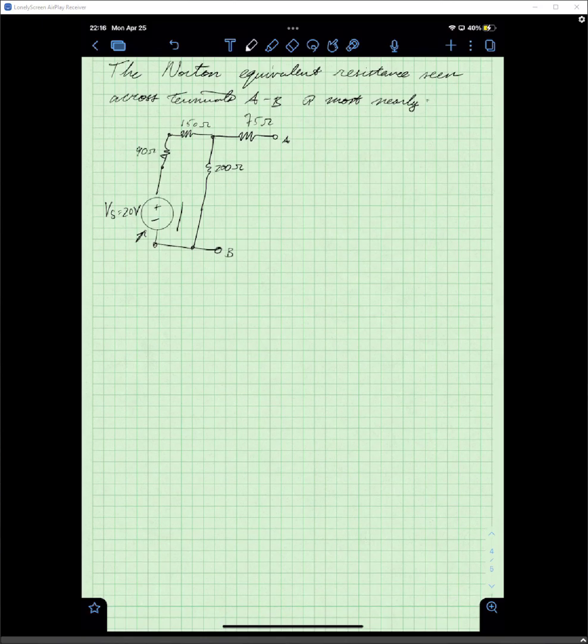So you can see here that the 90 and the 150 are in parallel, and then those are in series, which are in parallel with the 200, which is in series with the 75 ohm.